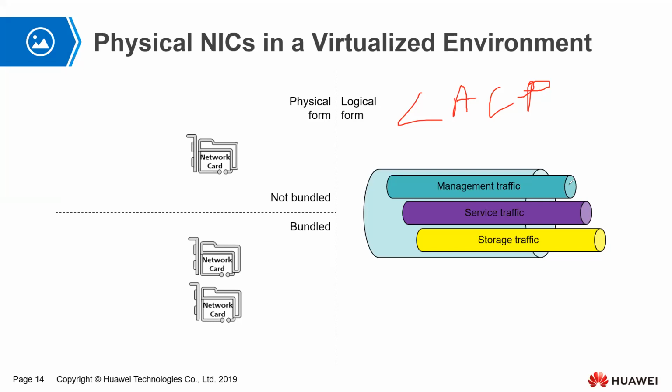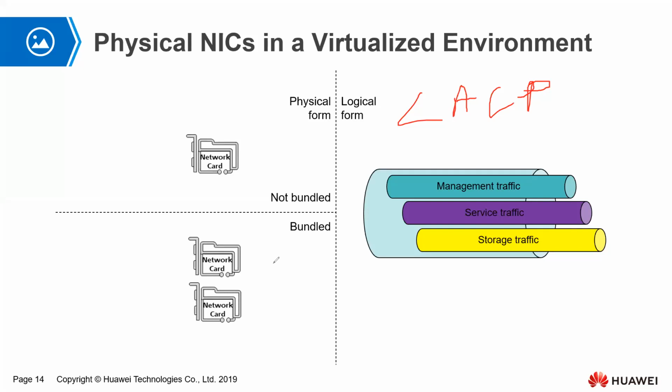So if one active link fails, the traffic is switched to another available member link, thus improving the reliability of the link aggregation port. Then load balancing: in a link aggregation group, loads can be shared among active member links. So that is the link aggregation control protocol.